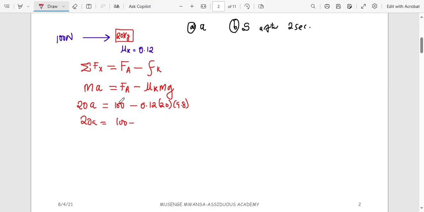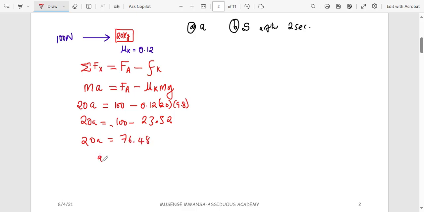We can multiply 0.12 times 20 times 9.8, not 98. That has given me 23.52. So 20A is going to be 100 minus 23.52, and that gives us 76.48.